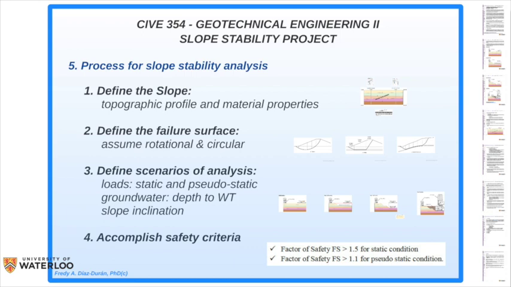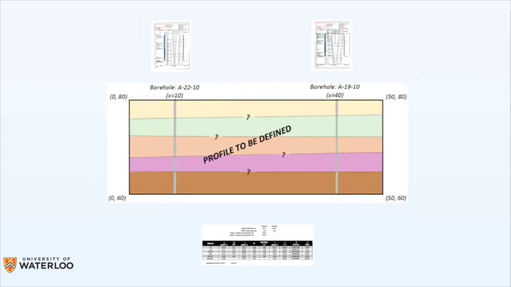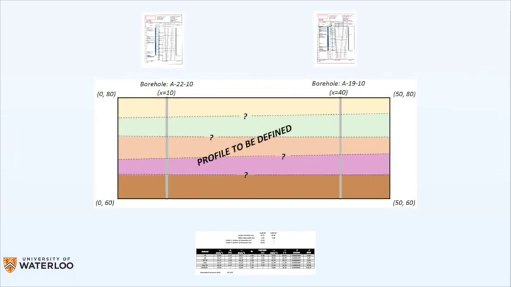What is the process for the slope stability analysis? First, we're going to define the slope, then define the failure surface, define the scenarios of analysis, and review the safety criteria. So for the slope, this is what we have in the document. This is the initial condition. It's like we have a semi-horizontal land terrain, and we have two boreholes.